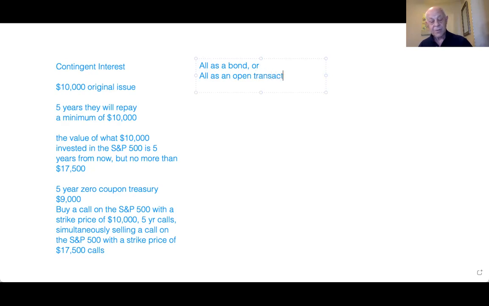And if it's an open transaction, everything gives rise to capital gain or loss. If it's a bond, everything gives rise to interest income. And you could end up with some capital loss, but that's rare. And that's the way the rules ended up coming into play.